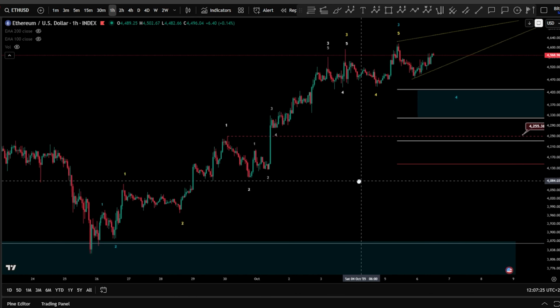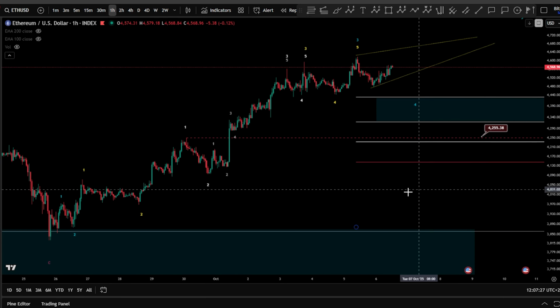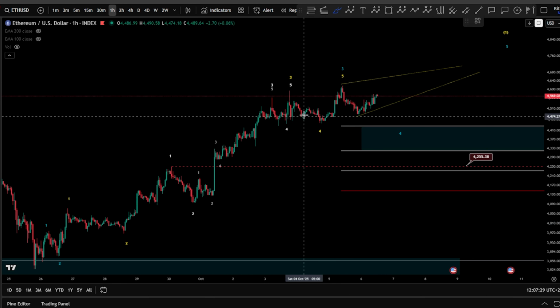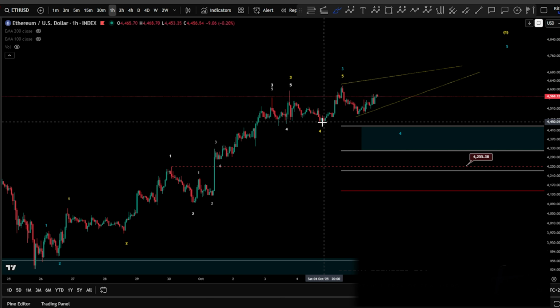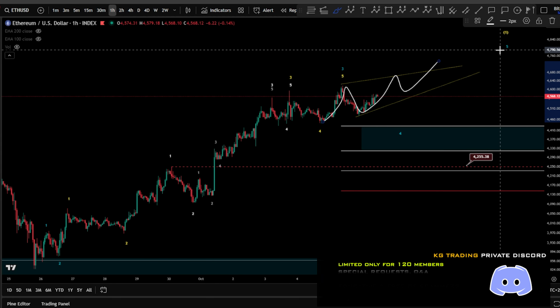On the 1 hour chart, we're looking here at a potential formation of two possibilities: whether you are in a 1 2 3 4 and a 5 toward the upside, or you are in an ending diagonal to finish.